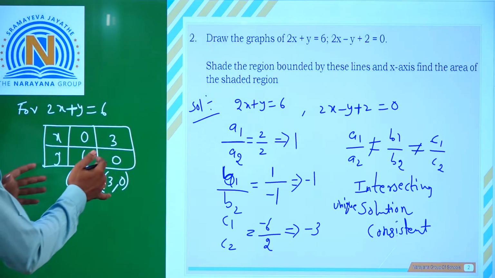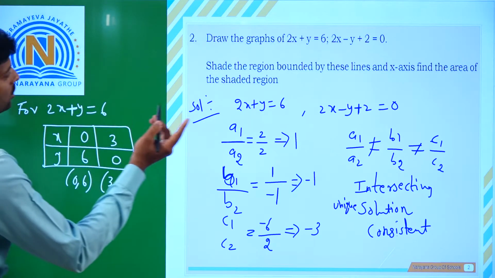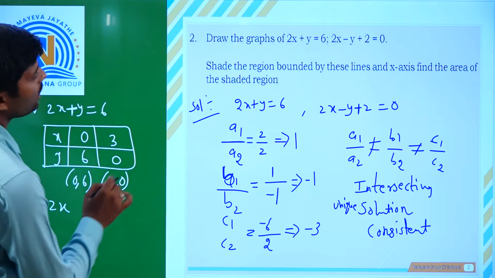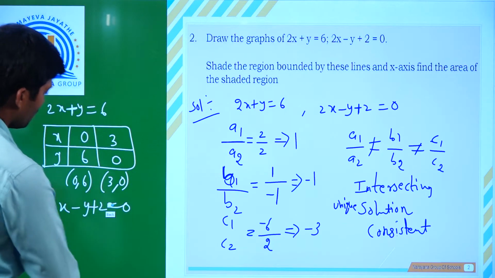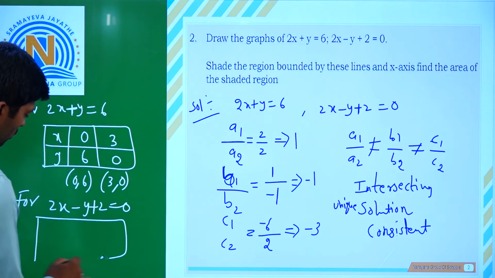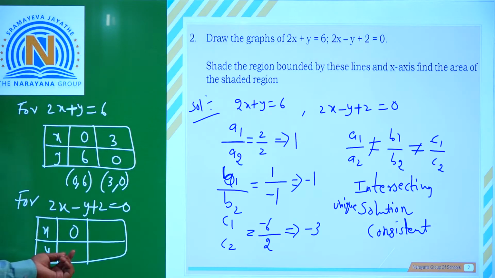Similarly, find the coordinate points for the second line, which is 2x minus y plus 2 is equal to 0. Draw the table to find coordinate points x comma y. At x is equal to 0, the value of y is 2.